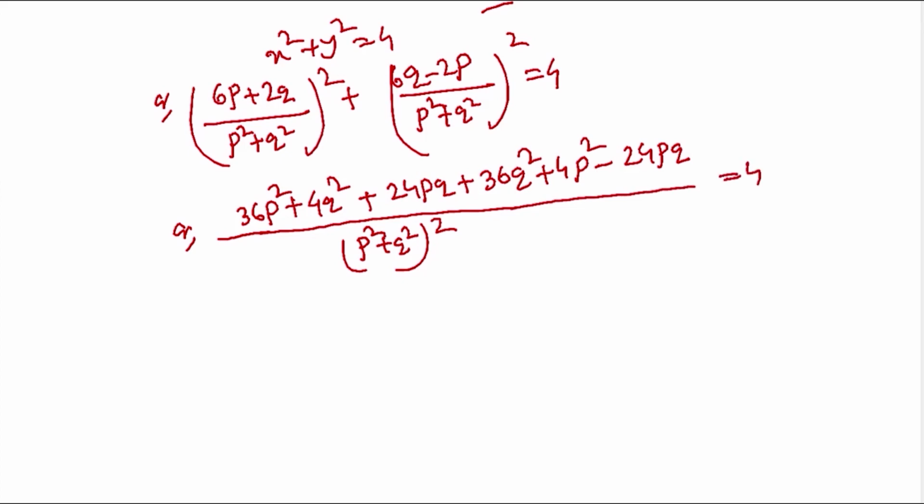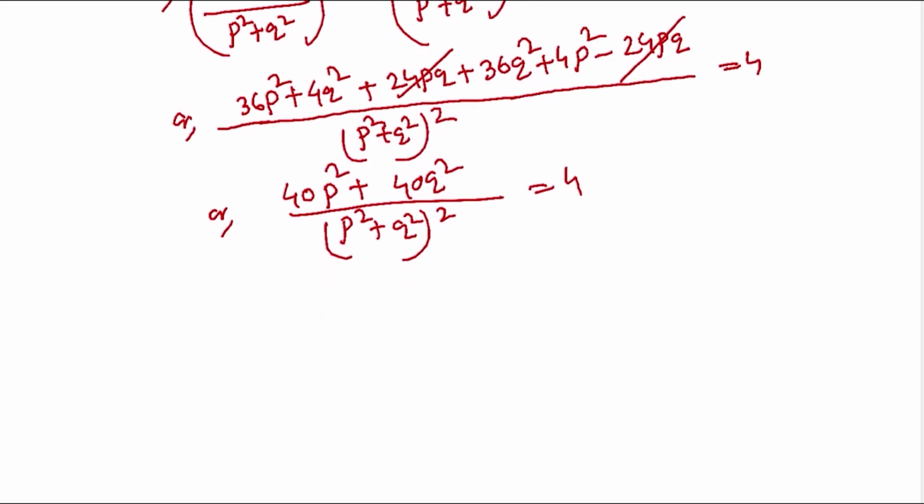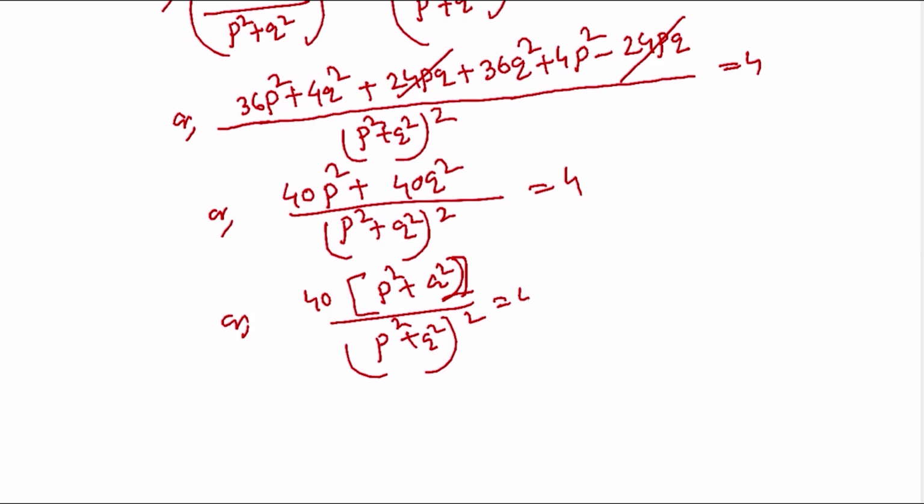Both 24pq will get cancelled, and it becomes 40p square plus 40q square, right? It looks complicated, which it is not actually. It's a pretty simple question. After taking 40 common, 40 times p square plus q square by p square plus q square whole square equals 4.